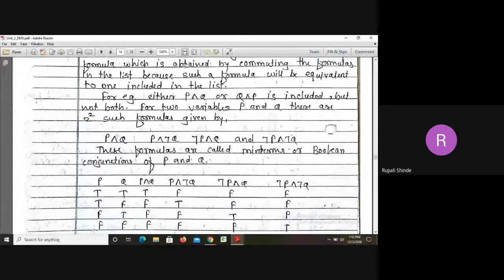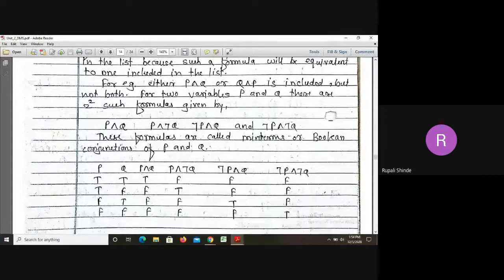Many times they have asked MCQs based on this. For a minterm, you have to take the conjunction between a variable and its negation, and for a maxterm, you have to take the disjunction. That's why we have defined minterms for P and Q as P and Q, P and negation Q, negation P and Q, and the last one, negation P and negation Q.